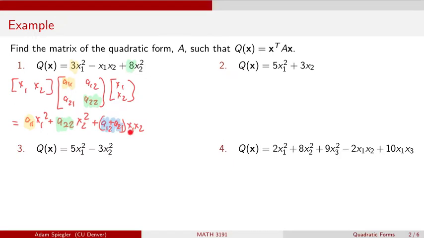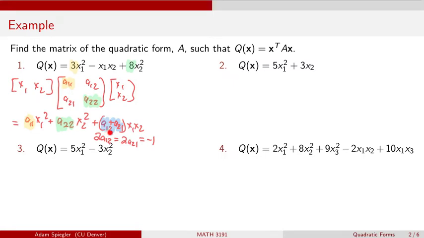For the term that has the product of x1, x2, we call this a mixed term, often called a cross product term. This involves the two off-diagonal entries, a12 and a21. Recall that this is a symmetric matrix, so they must be equal to each other.